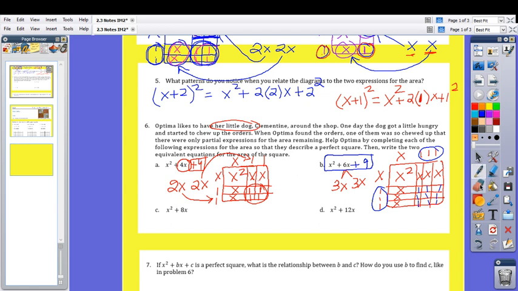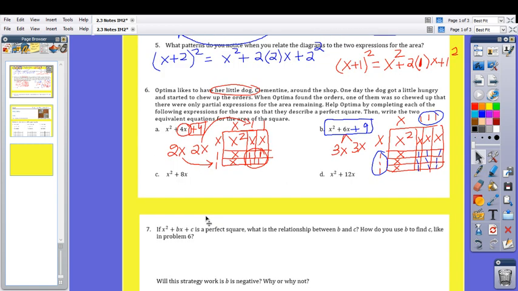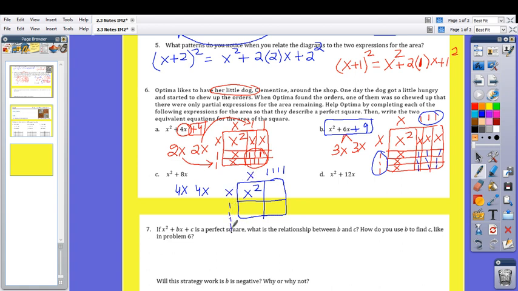Okay, let's do the next one. And in this one we will have 8 of them, so you will split it into 4 and 4. So you will be having x squared and then 4 of them on this side and 4 of them on this side.